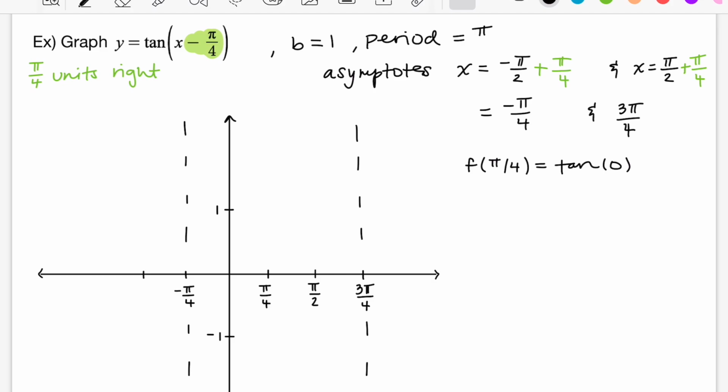So this will be tangent of 0, which is going to give us 0. So we'll have this point here. Doing the same thing for pi over 2 here, we'll get tangent of pi over 2 minus pi over 4. This will give us tangent of pi over 4, which will give us 1.